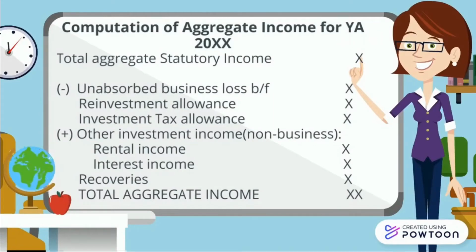So after you get the amount of total aggregate statutory income that refers to the business only, the first thing you have to do is deduct the unabsorbed business loss, reinvestment allowance, and investment tax allowance if any. And then you need to add the other investment income or non-business sources of income such as rental income, interest income, or dividend income, as well as the recoveries. And finally, you will get the amount of total aggregate income.